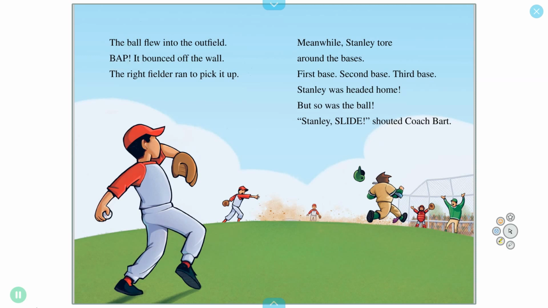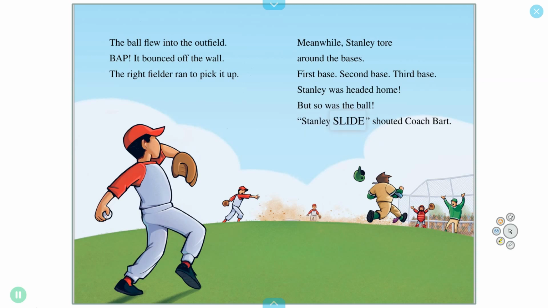Bap! It bounced off the wall. The right fielder ran to pick it up. Meanwhile, Stanley tore around the bases. First base, second base, third base. Stanley was headed home, but so was the ball.